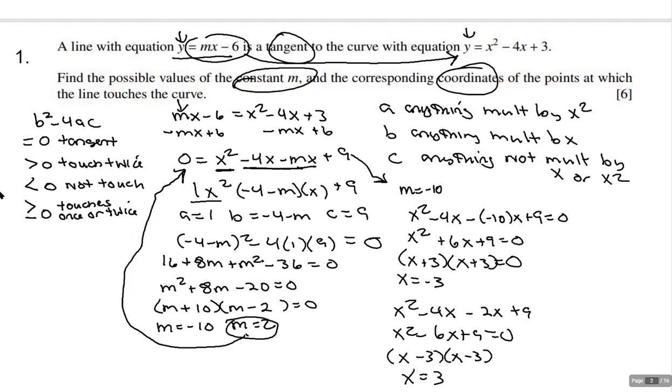So like I said, in the situation where the slope was negative 10, that's going to be y equals negative 10x minus 6. And in the other situation, y equals 2x minus 6. And all we got to do then is plug these in. So go ahead and pause that and figure out what our y values are going to be.